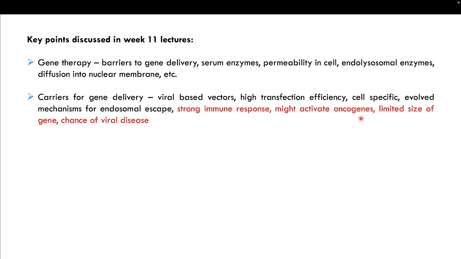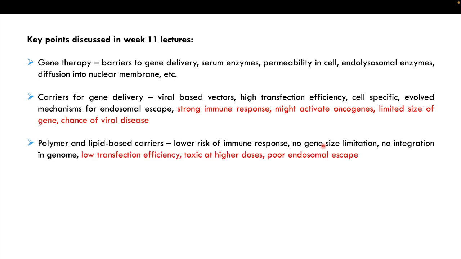Even though I am saying that you have deleted the genes responsible for causing the disease, in some cases the deletion has not happened in a very proper way, and it could lead to viral disease. So these are some of the advantages and disadvantages of using viral vectors. To overcome some of these disadvantages, we can use non-viral based vectors.